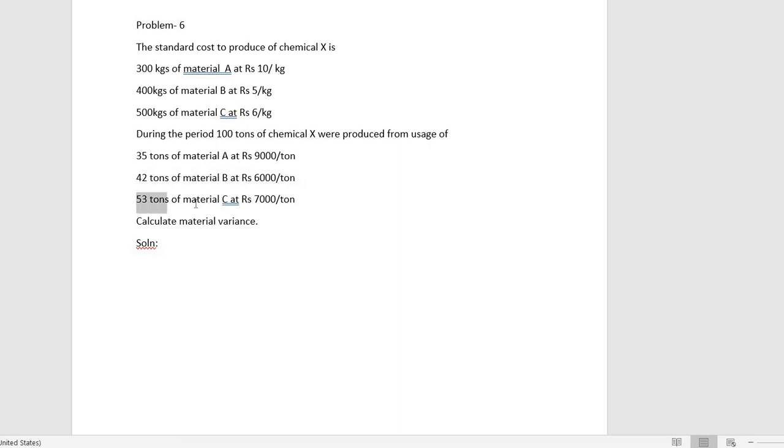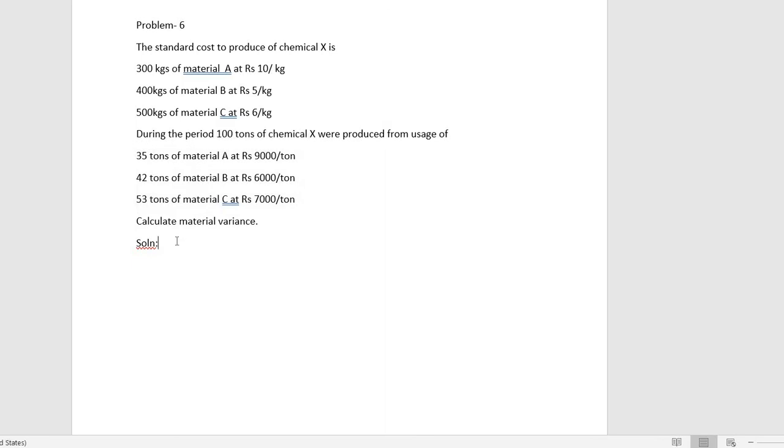Next, 53 tons of material C at rupees 7,000 per ton. So actually to produce 100 tons of chemical X, these are the required materials. So this was the actual cost which was incurred to produce 100 tons of chemical X.